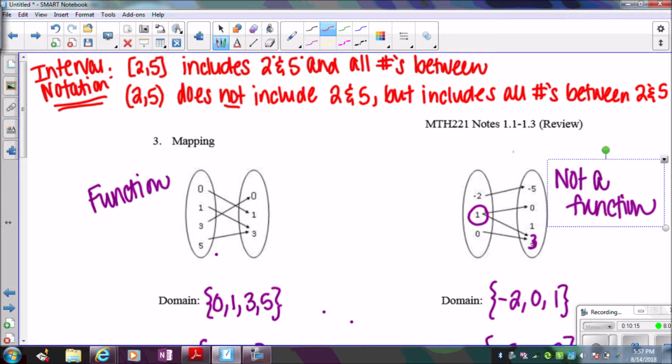So what that means is you would get to like 4.99999, not including 5, but really, really close to 5. And then all the decimals in between those.